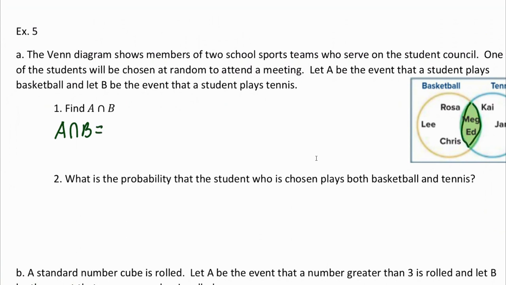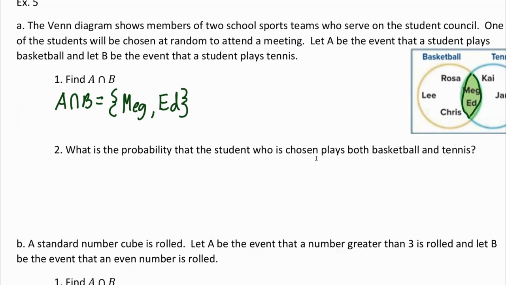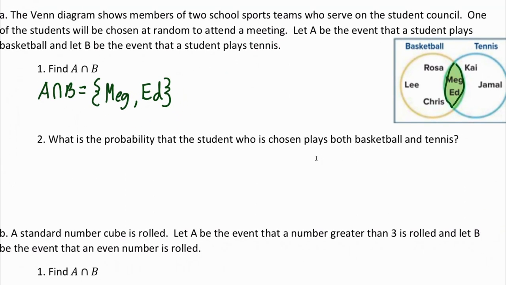So our A intersection B would be represented by Meg and Ed because they both play basketball and tennis. Not just one or the other, just both. So then it says, what's the probability that the student who's chosen plays both basketball and tennis?